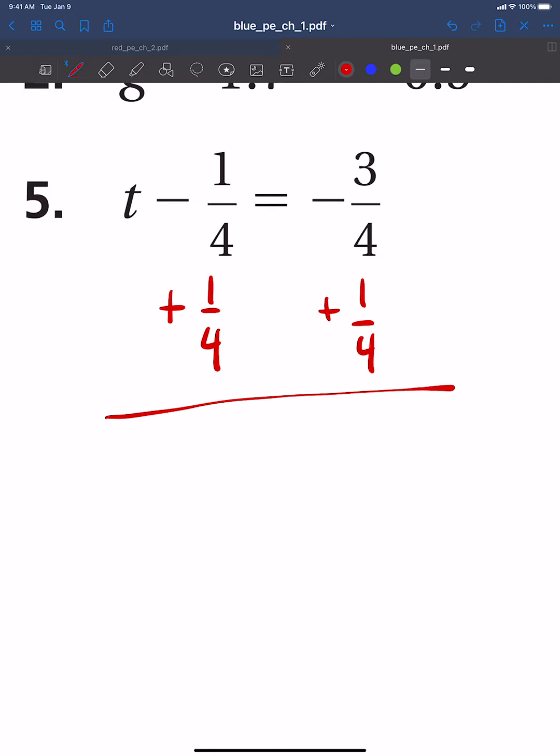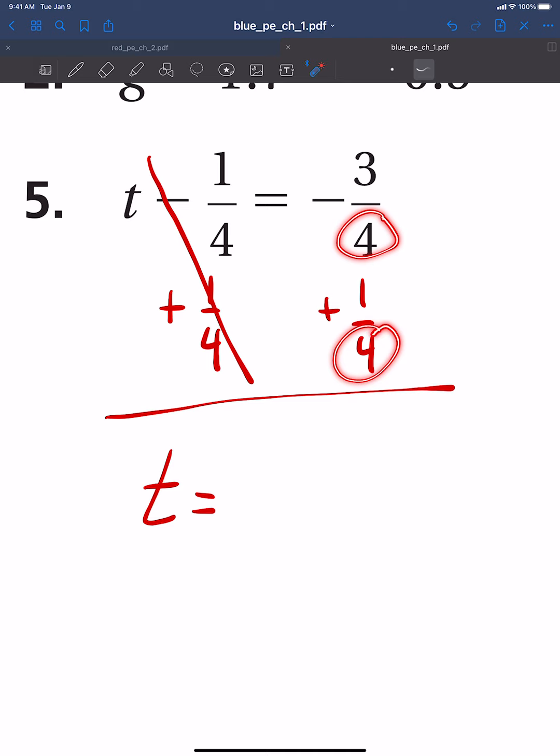Negative 1/4 plus 1/4, that gets you to 0, so we cancel those out. t is now by itself. Negative 3/4 plus 1/4. Now they were so kind to us and they gave us common denominators already. But if we didn't have common denominators, that would be step number 1. Now we can just go ahead and do the math. Signs are different, so we subtract. 3 minus 1 is 2.